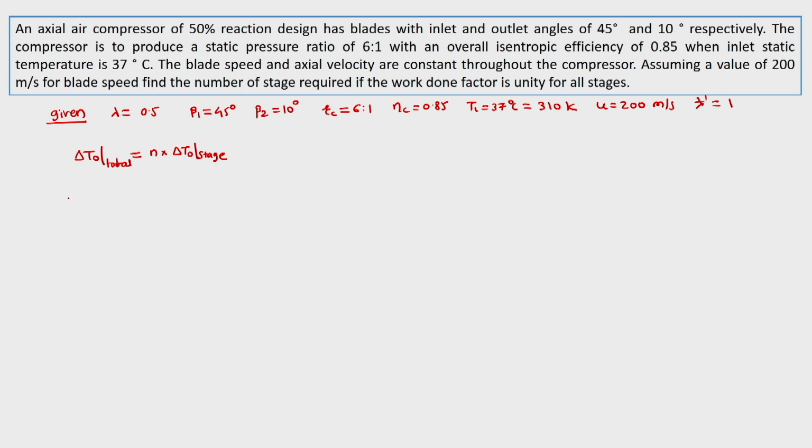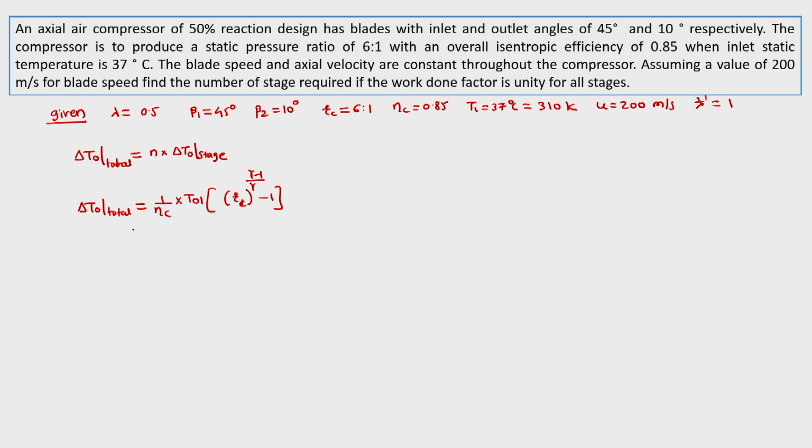So we can find the overall temperature change in the complete compressor as 1 upon compressor efficiency into T01 into RC, which is the compression ratio, bracket raised to gamma minus 1 upon gamma, minus 1.